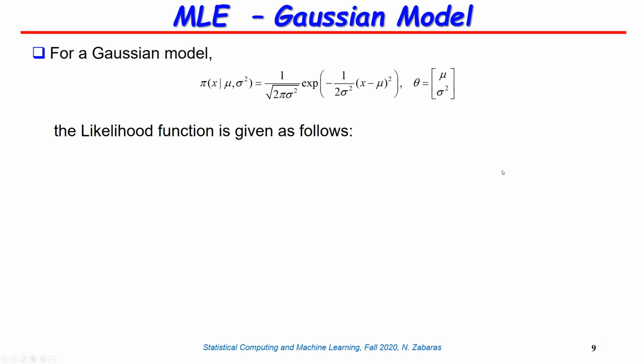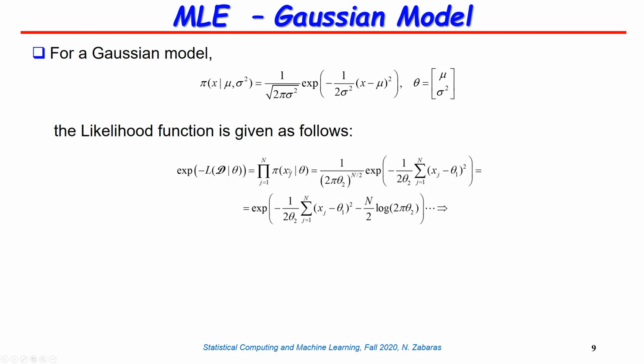What I want to do is compute the negative log likelihood L. If I multiply this, the exponential of minus the negative log likelihood would be given by this product. I only keep all the terms that have the parameters theta 1 and theta 2.